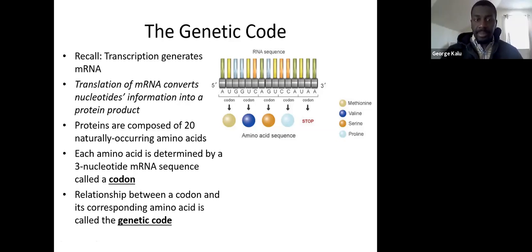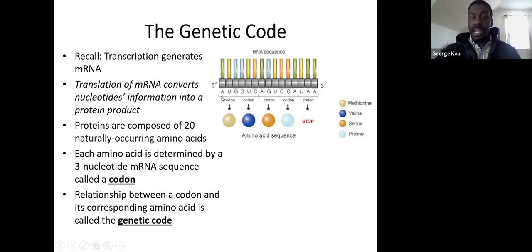When we're looking at these amino acids, there are about 20 naturally occurring amino acids that show up in nature. Now the question is, how do we know which amino acid to bring to grow our polypeptide, to create our protein? Well, we're going to be looking at the mRNA template, the mRNA that we produced, and at every group of three nucleotides.